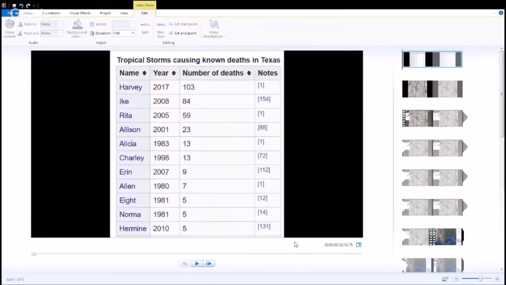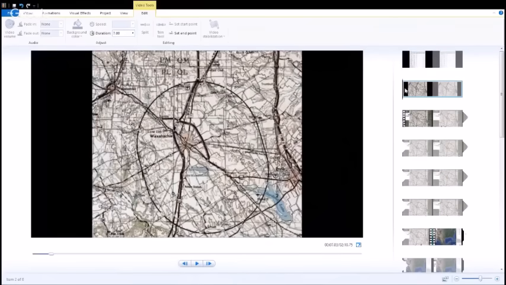These are the top deadliest storms, hurricanes, by death count that have passed through Texas. I took each of them and I superimposed them onto a map. This is the Texas Super Collider, the quote-unquote defunct Large Hadron Collider that was supposed to dwarf CERN.